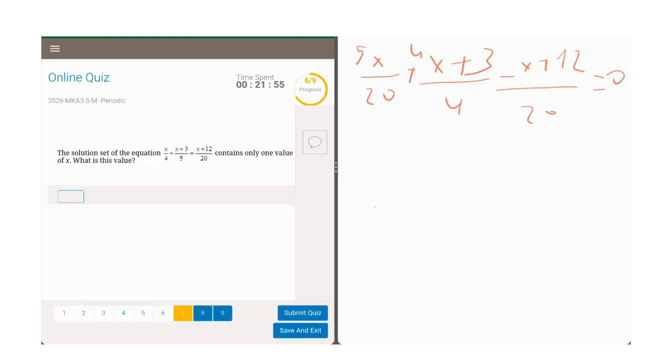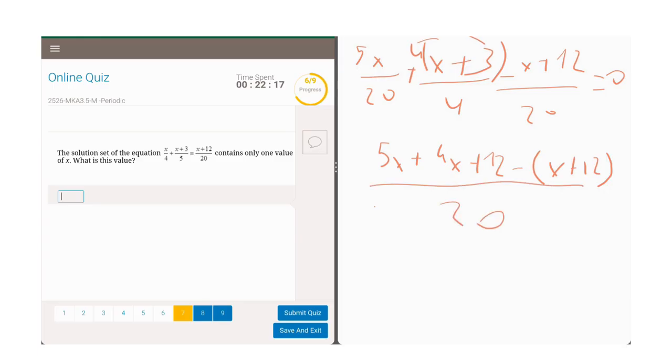We can distribute over, so you'll have 4x plus 12, then minus x plus 12 inside parentheses, all over the LCD, which is 20. So the minus will distribute, so you can remove the parentheses and put the minus here.